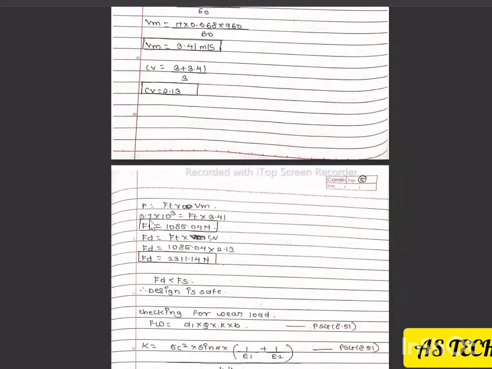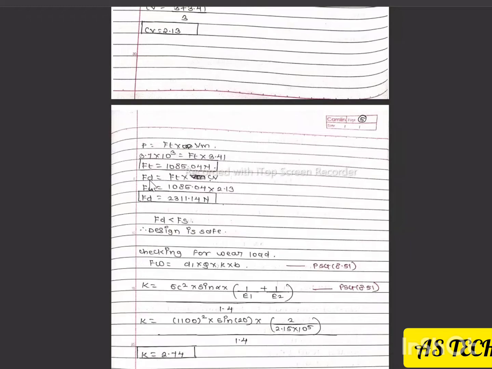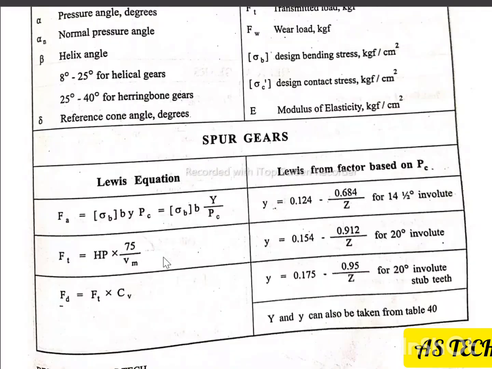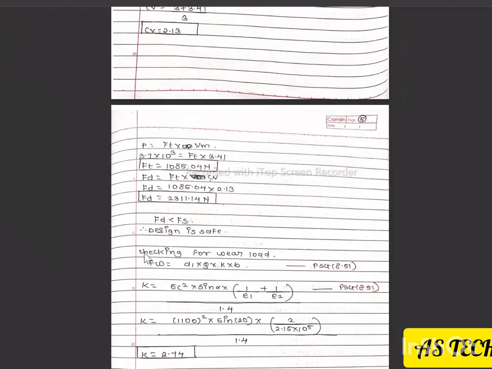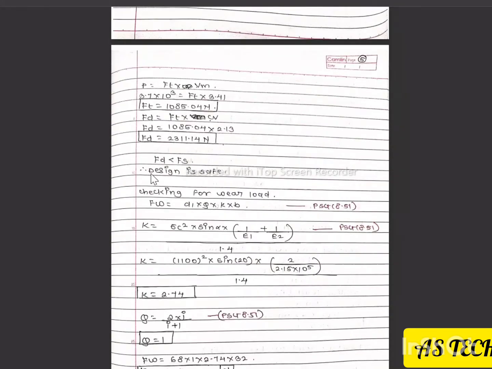Put the value of P, standard motor selection motor power 3.7 into 10 raised to 3 equals to Ft into value of Vm. We get the value of Ft. Okay, so next one is Fd. This formula is also in PSG 8.50. Fd equals to Ft into Cv. We have the value of Ft and also Cv. So put the values, we get the value of Fd. Always if Fd is less than Fs, then the design is safe.